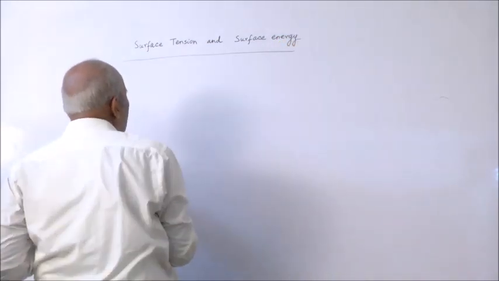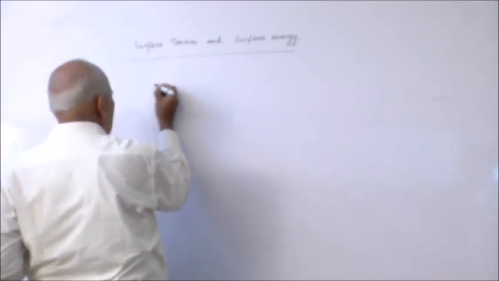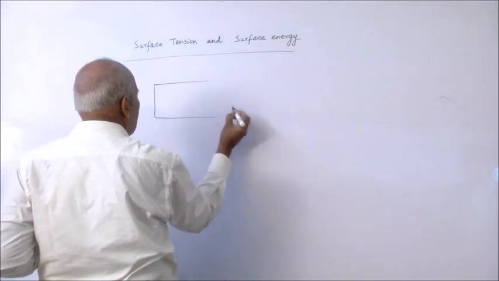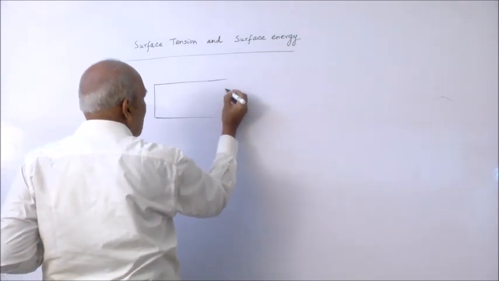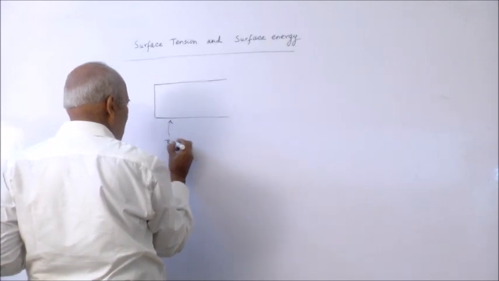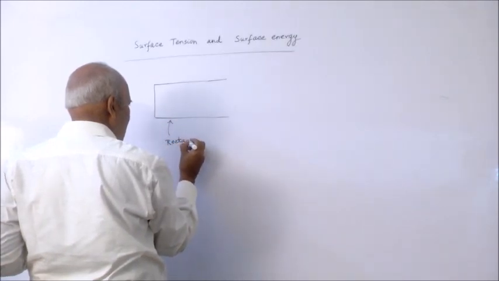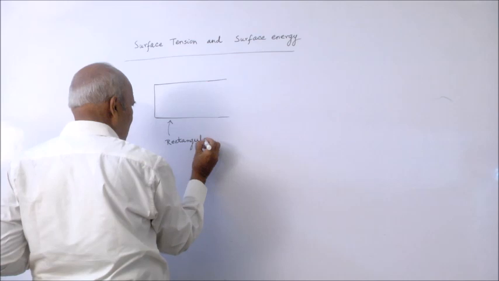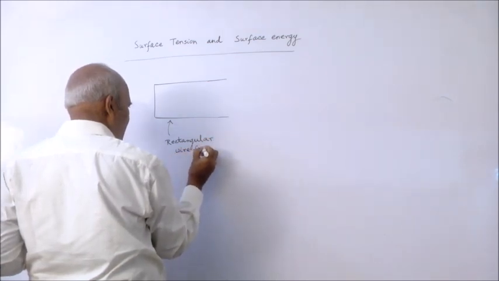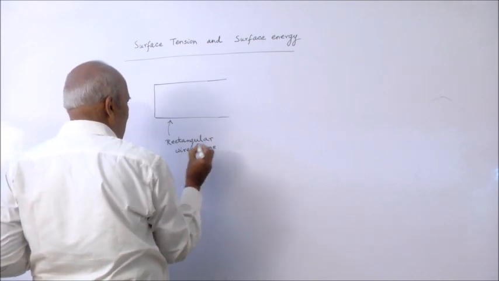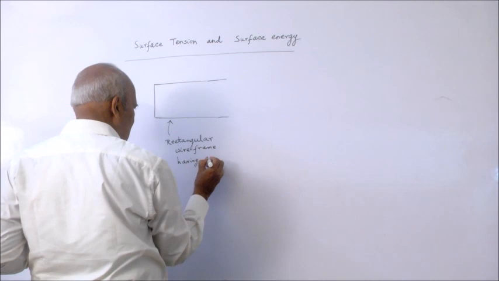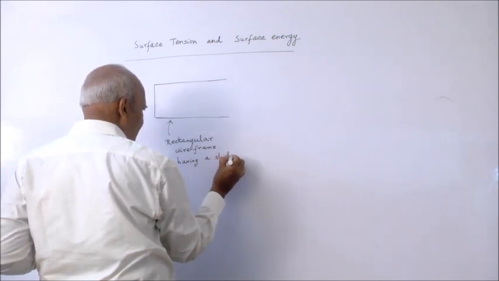So, what is the meaning of that? Let us think of a rectangular wire frame having a sliding wire.